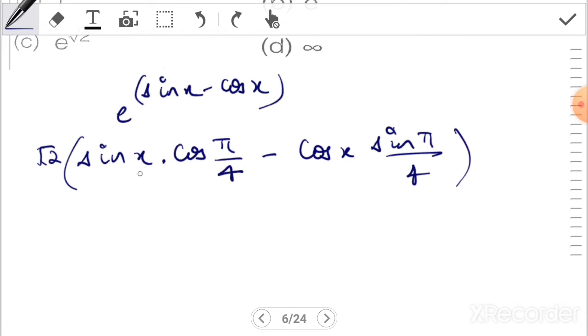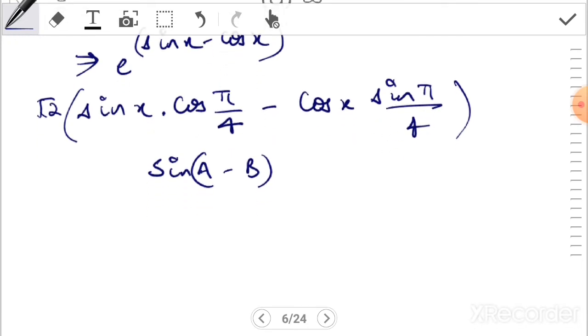So now this is in the form of sin A minus B, which is sin A cos B minus cos A sin B, if you remember the formula.